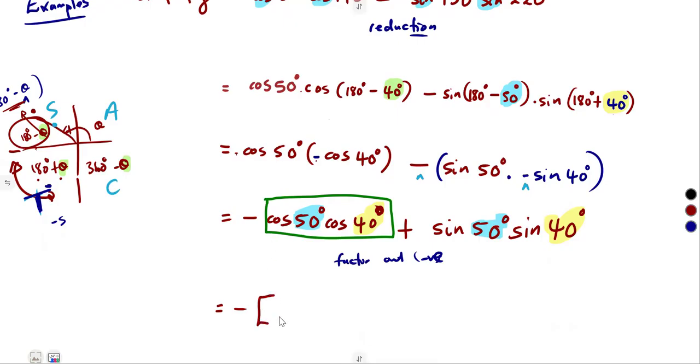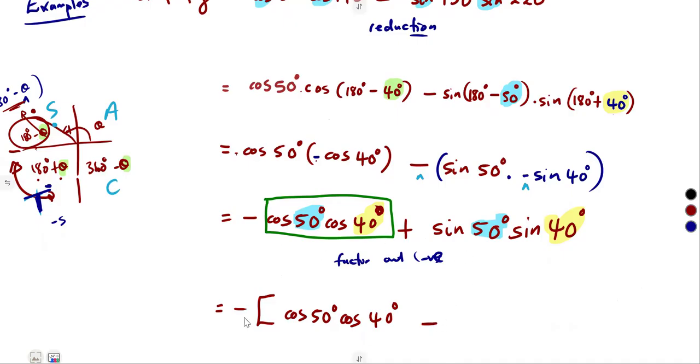So it's going to be positive cos 50 degrees, cos 40 degrees as a single term as it is. But as we factored the negative, here there was a positive. So positive divided by a negative is going to give us a negative.